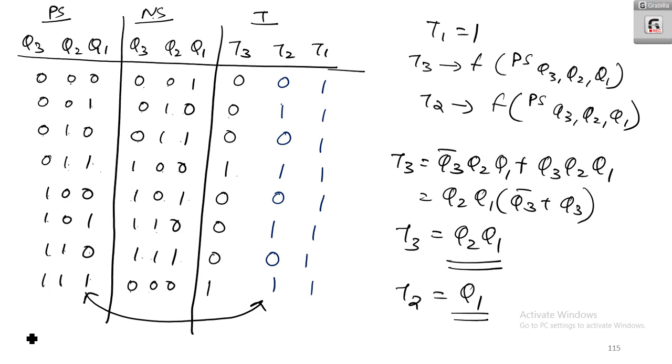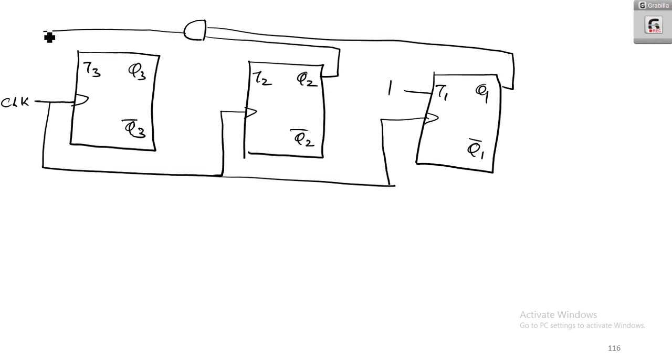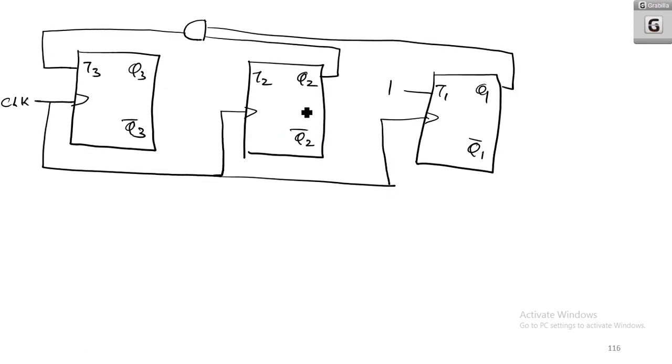T3 is Q2 and Q1, so I have an AND gate here with inputs Q2 and Q1, and I give that to T3. Then what is T2? T2 is equal to Q1, so Q1 is coming here.